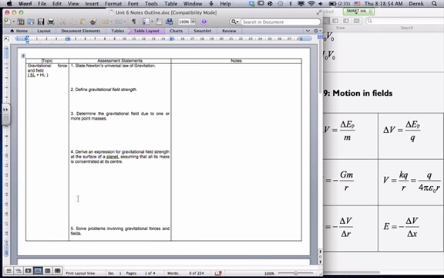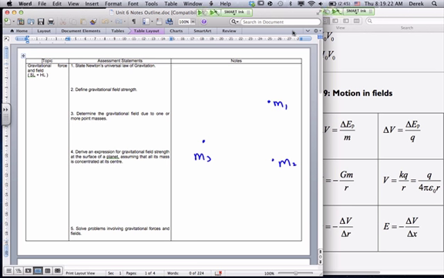Now, in working with this, you need to be able to determine the gravitational field due to one or more point masses. So for instance, if I've got mass 1 there, mass 2 there, and mass 3 there. The force of gravitation is always an attractive force.